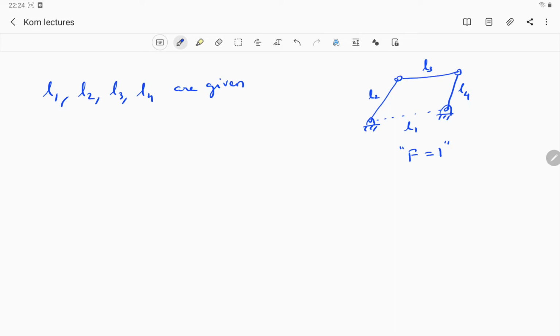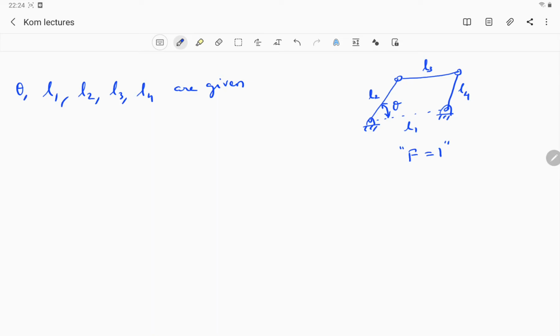So I have to specify one more variable in order to specify its configuration. Let's say that independent variable is the angle theta. So theta is also given.